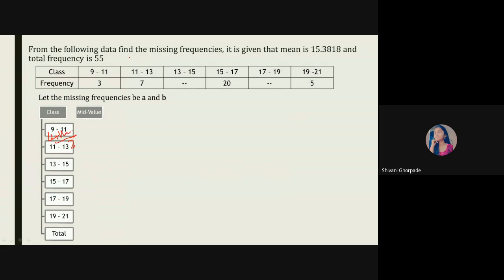So 11 plus 9 divided by 2. What will the answer be, the mid value? 10. Yes, it's 10. And next we find out all mid values. This is 11 plus 13 divided by 2, 12.